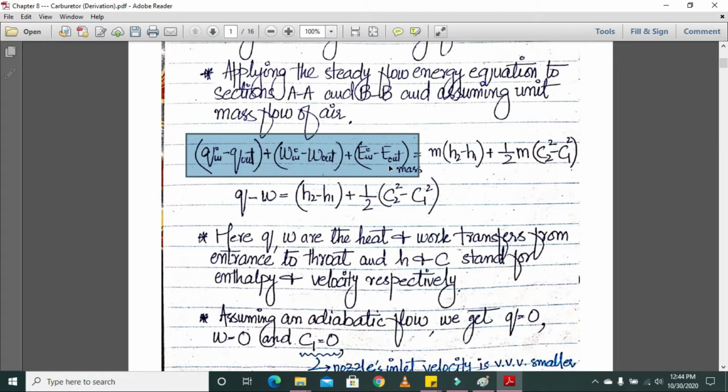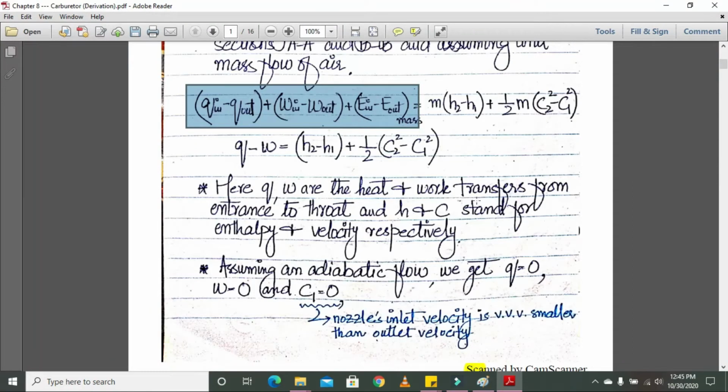So we will only be having the enthalpy changes and the kinetic energy changes in this energy balance equation. One more thing which needs to be understood here is that C2 is the velocity of the air at the Venturi throat and C1 is the velocity of the air at the inlet, or you can say at the section AA.